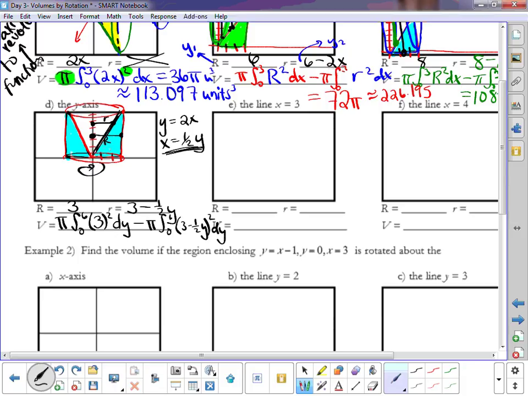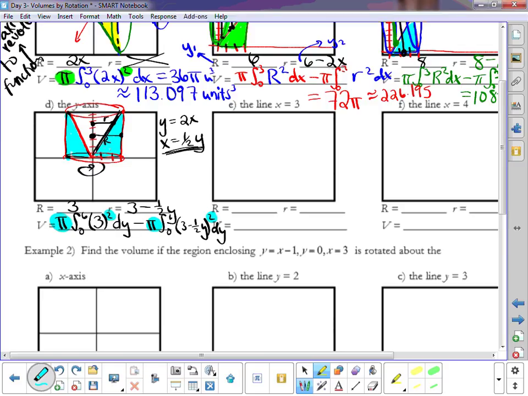Don't forget your square root. So make sure, once again, each time, that you have your radii squared. As long as you've established big R equals, little r equals, you can say pi big R squared dy, pi little r squared.